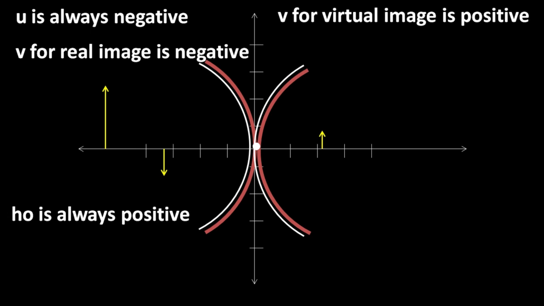Height of object is always positive. You see, we measure the object height from its tip on the y-axis. So y-axis above origin is positive, and hence the height of object is always positive.